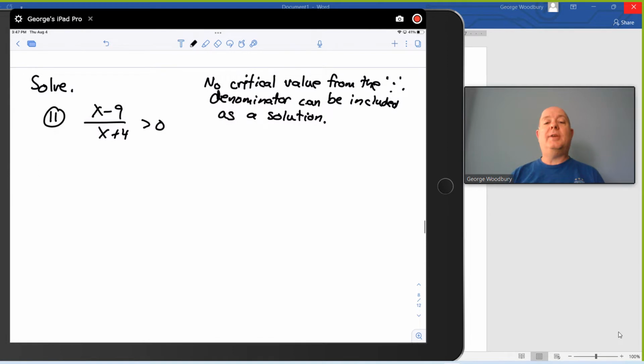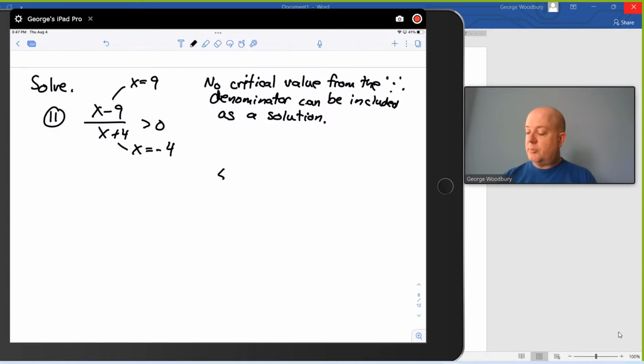We need to find the critical values from the numerator and the denominator. Here in this rational expression, the numerator and denominator are linear expressions. The critical value from the numerator is x equals 9. From the denominator is x equals negative 4.